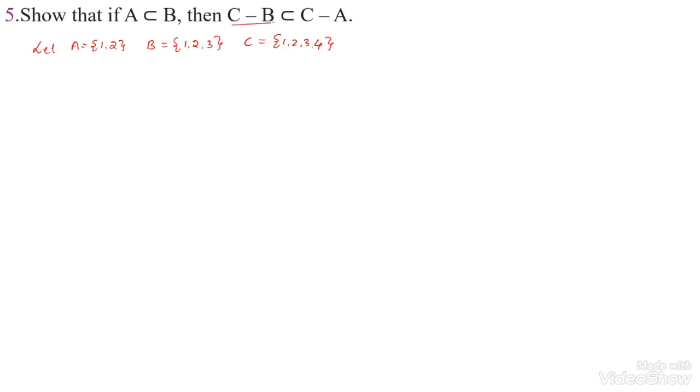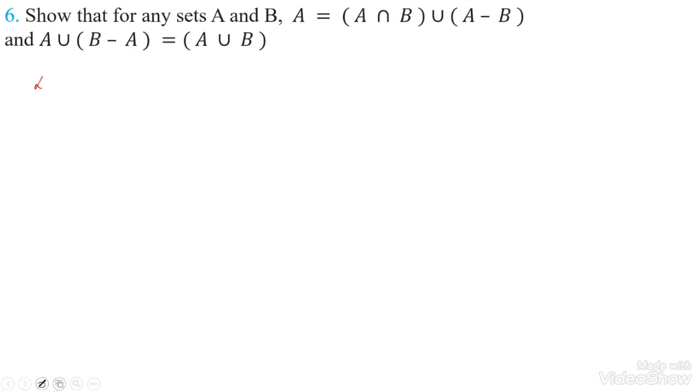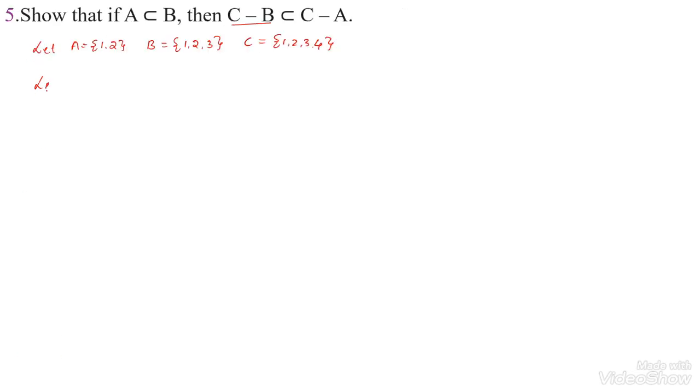Let us consider the statement C minus B is a subset of C minus A. I will consider the LHS part first, that is C minus B. Set C containing the elements 1, 2, 3, 4 minus B set containing the elements 1, 2, 3.